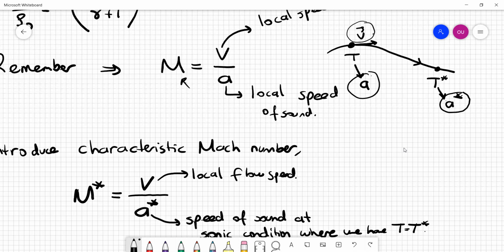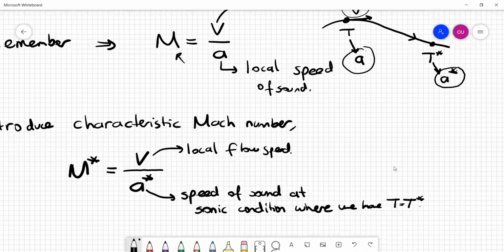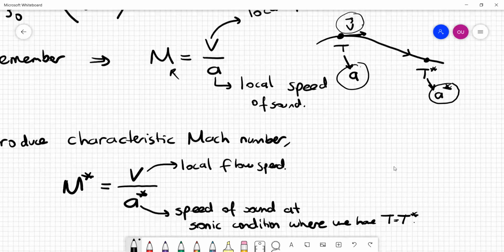But M star is not that. For every local position, at a point where the temperature is T, the local speed of sound is a, and I have a local Mach number because I have a local velocity. Similarly, I can also calculate a local M star value for every point of interest on this streamline.